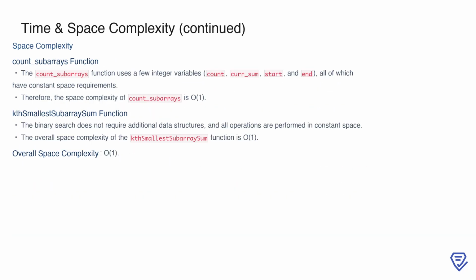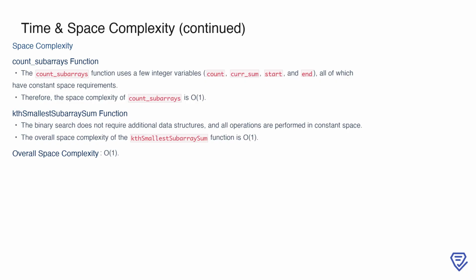Now, let's discuss the space complexity. In the count_subarrays function, only a few integer variables are used, such as count, cur_sum, start, and end. These variables do not depend on the size of the input array, so the function operates in constant space, or O(1). Similarly, the kth smallest subarray sum function, which utilizes binary search, does not require any additional data structures.